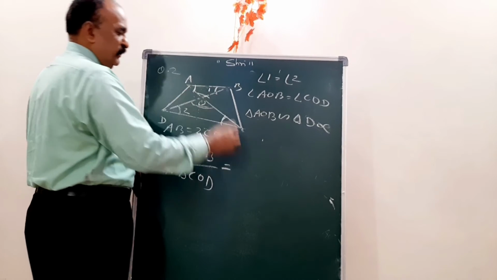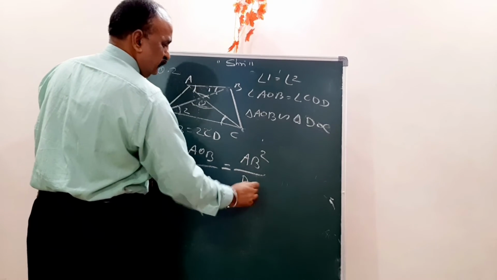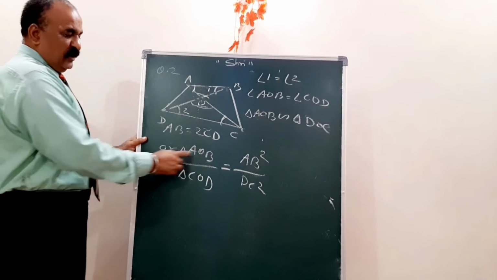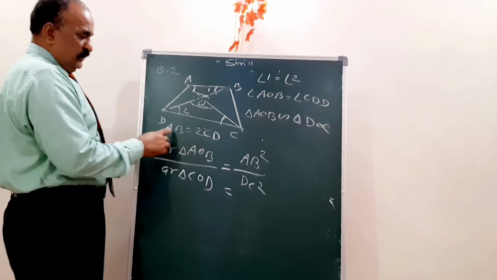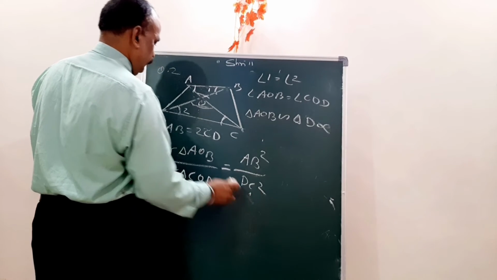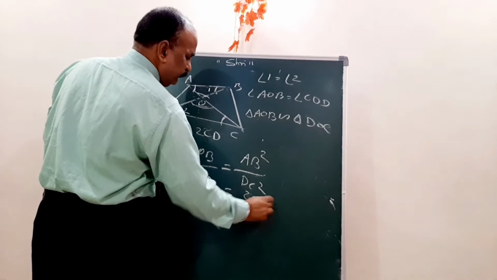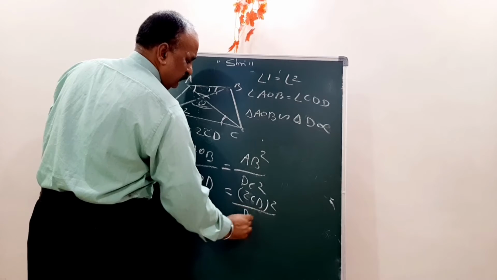The area of triangle AOB upon the area of triangle DOC is equal to AB square upon DC square. AB is 2CD. It means 2CD whole square upon DC square.